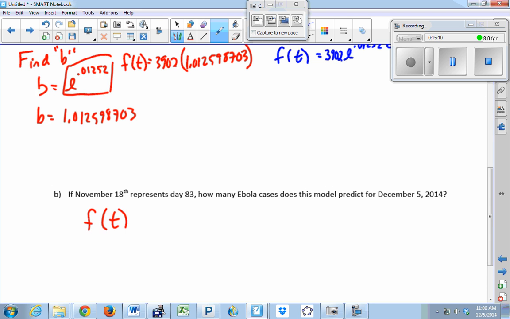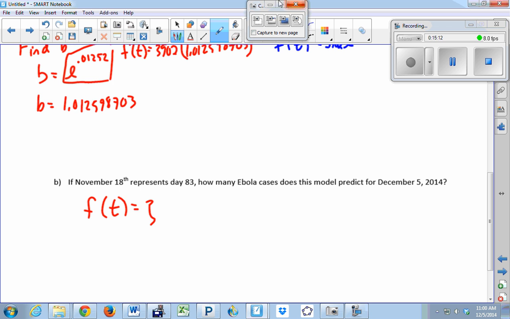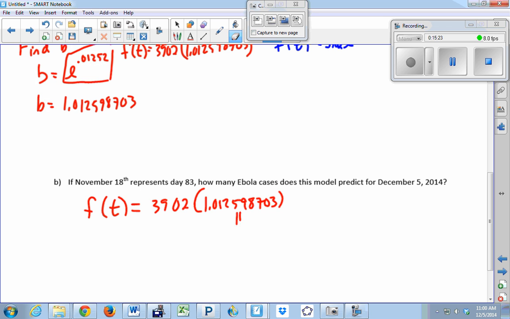The first model was 3902 times 1.012598703, which I have stored in my calculator under the letter B, to the t. That's one model.